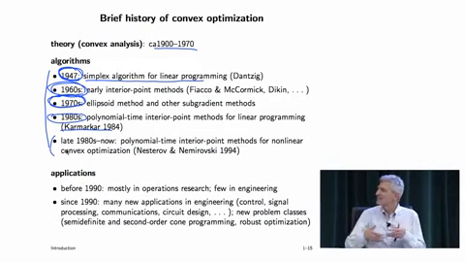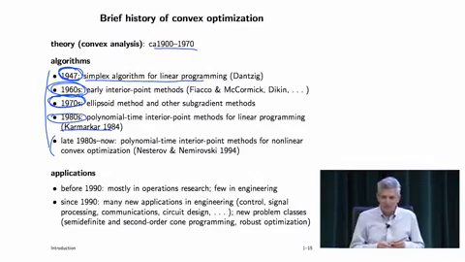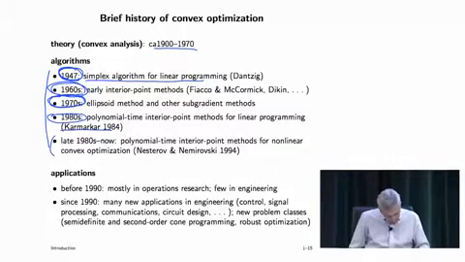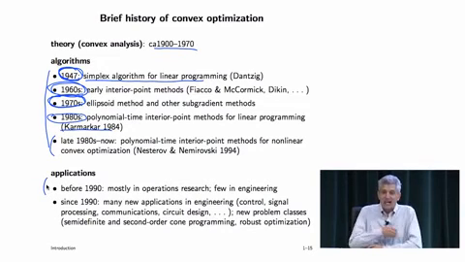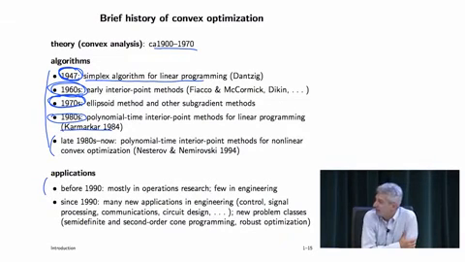Sometime in the late 80s to now, a whole bunch of things came together the right way. There were people in the Soviet Union working on solving general convex problems, people looking at applications, and this all kind of came together, and it was great. The most interesting part is something like this: before about 1990, there were plenty of applications, but it was almost all linear programming.